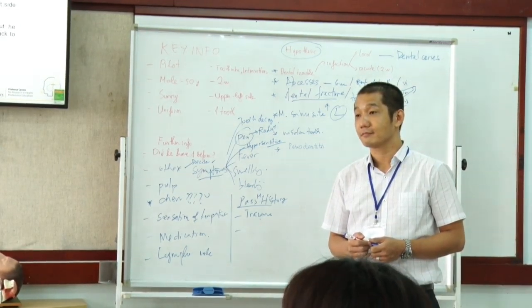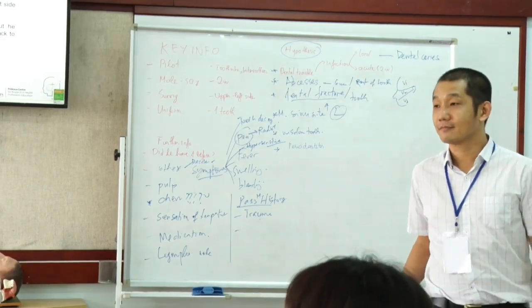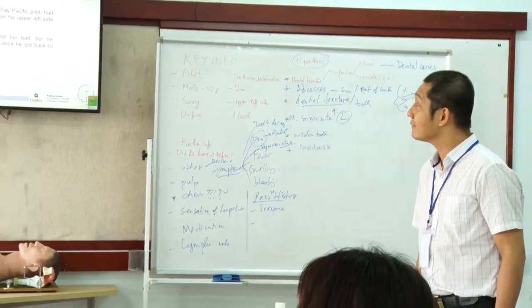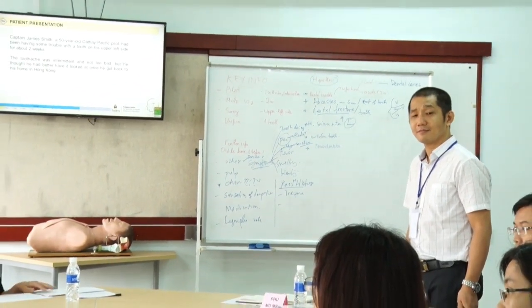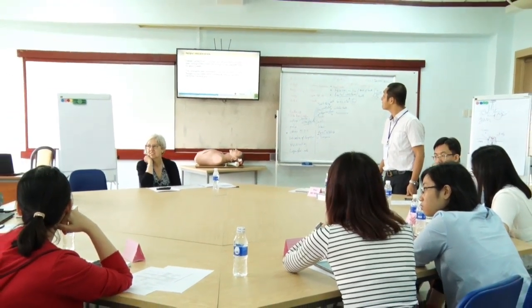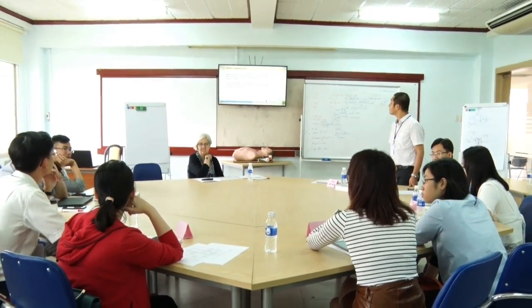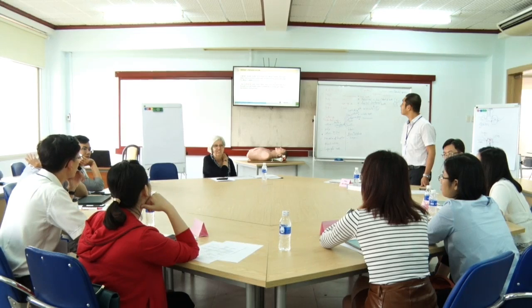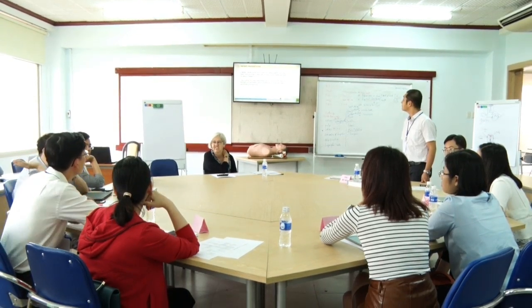So which hypothesis is fit for the intermittent pain? I think so, if the food contacts the tooth. Which hypothesis on the board do you think is suitable for the intermittent pain?